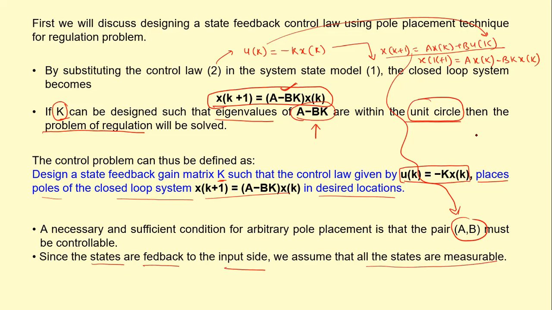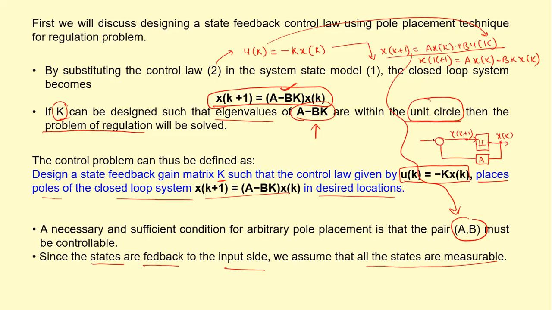If we see the block diagram of this, this is a delay element. It has input x(k+1), and the output here is x(k), and we feed back this x(k), the state, by multiplying it with some matrix A to the input side, right?